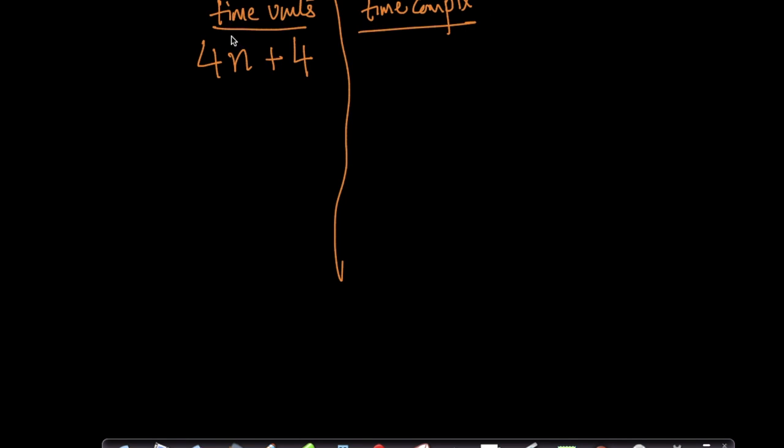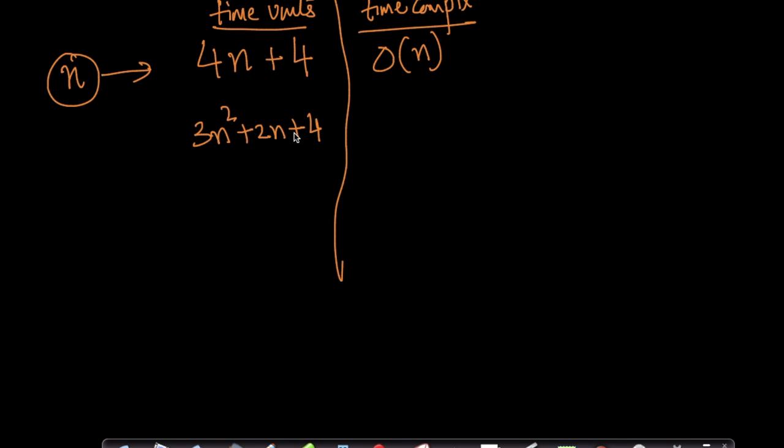When you have something like this, for an input of size n, if it takes 4n plus 4, then I say that my time complexity is order of n. Now let's say I have 3n square plus 2n plus 4 for an input of size n.